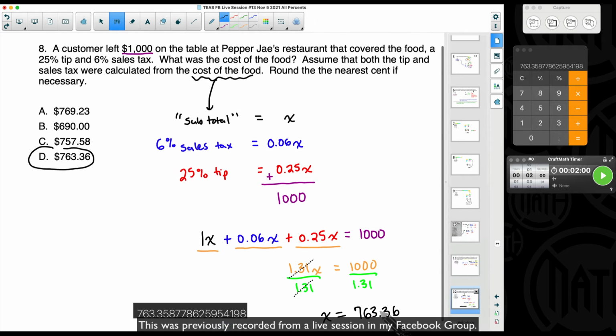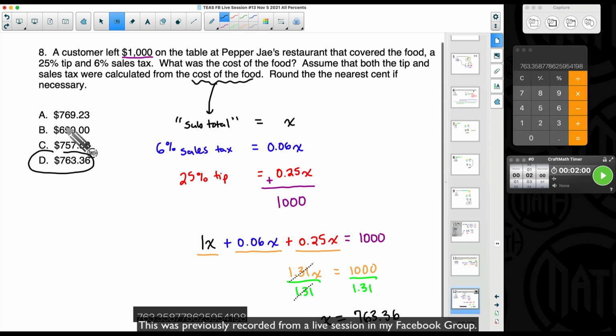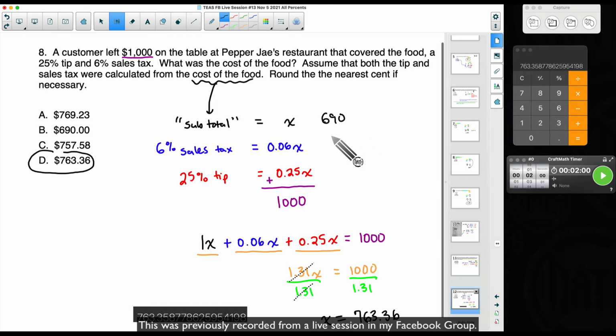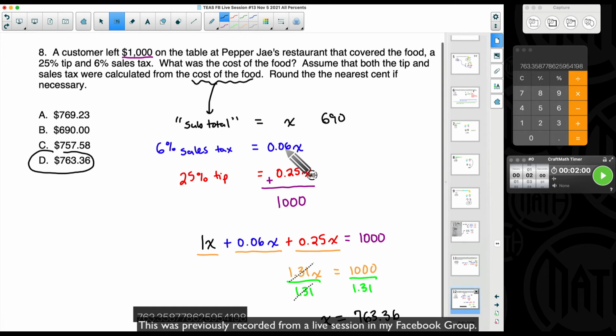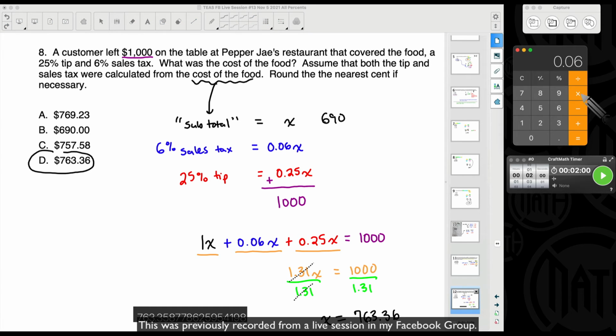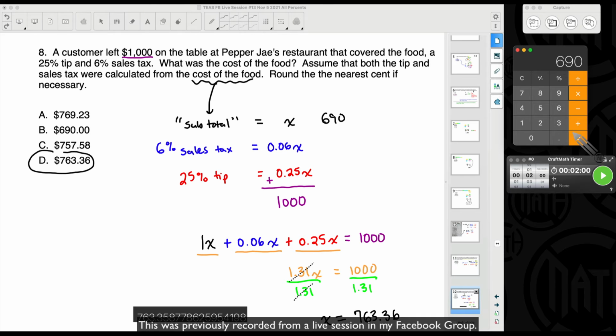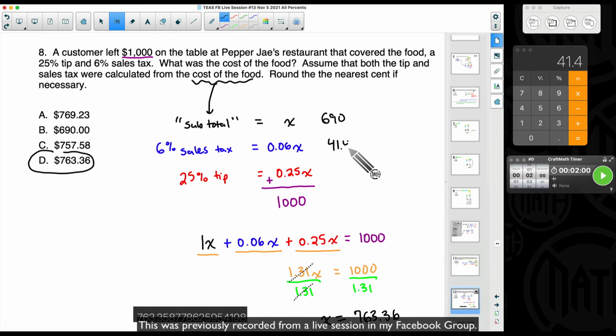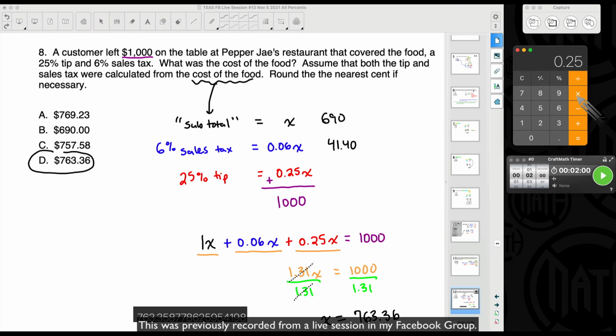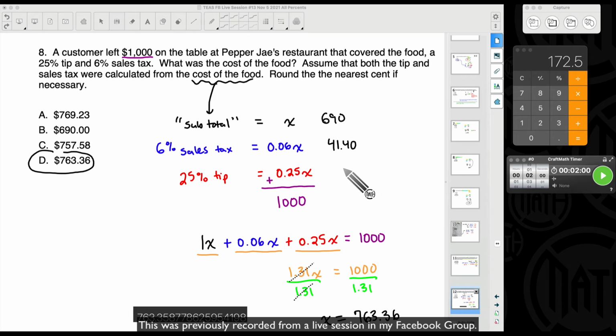For those of y'all that got 690, it's not going to work. Because if you go back, if you say that this is 690, which is not correct, and find 6% of 690 bucks, that's going to be $41.40. Again, this is not correct. If you go back and find 25% of 690, we get $172.50.